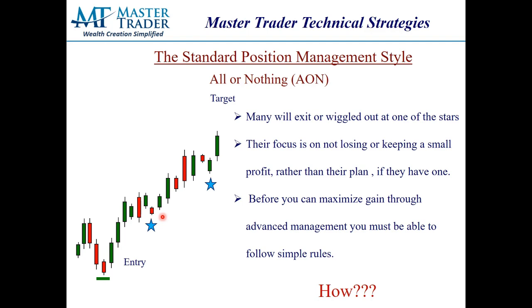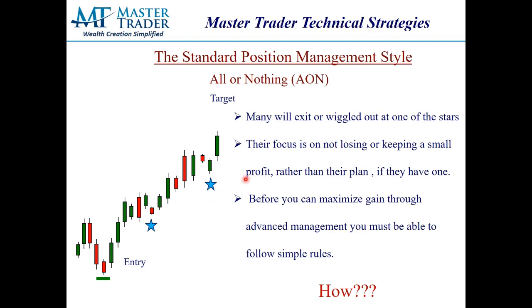As I said in a previous module, there are going to be times where we're going to give back profits to attain a larger one. So as prices develop, as already explained, through pivots or bar by bar, we can then begin to manage and bring up stops. And as we learn to do that on that very simple level, that's when we can start applying the more advanced strategies that we're going to talk about.